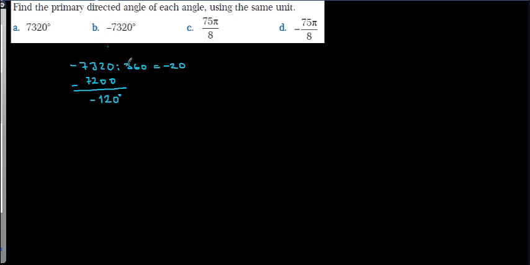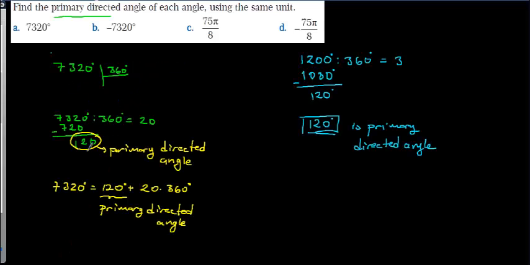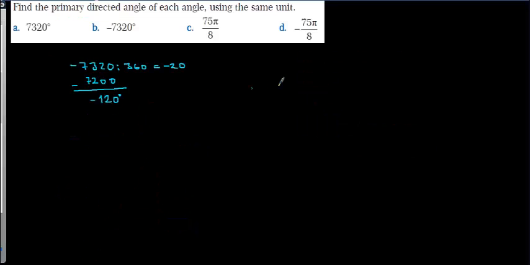But the primary directed angle cannot be negative. The primary directed angle must be between 0 degrees and 360 degrees, if you remember.